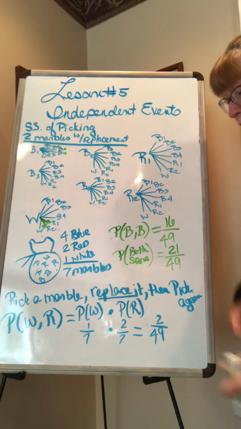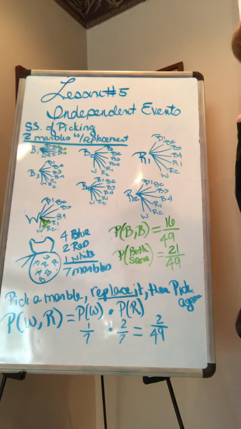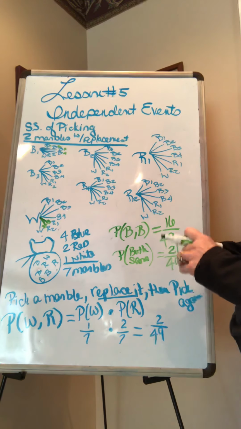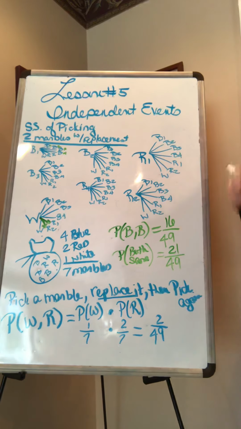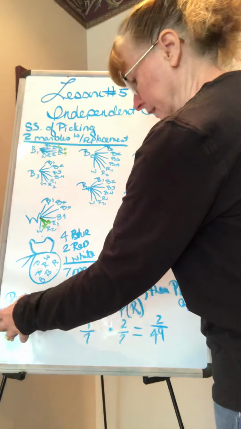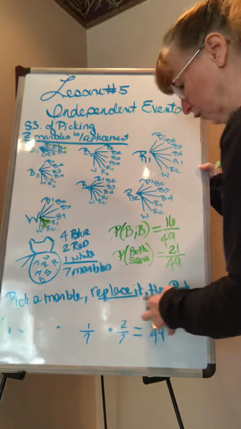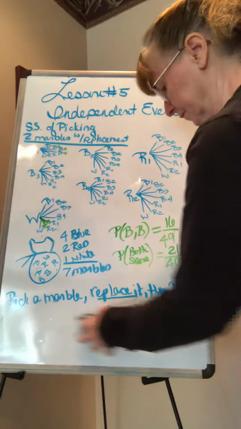So you can look from your sample space, or you could do the individual probabilities. Let me just take one more, to have you think through it. This is all with replacement.